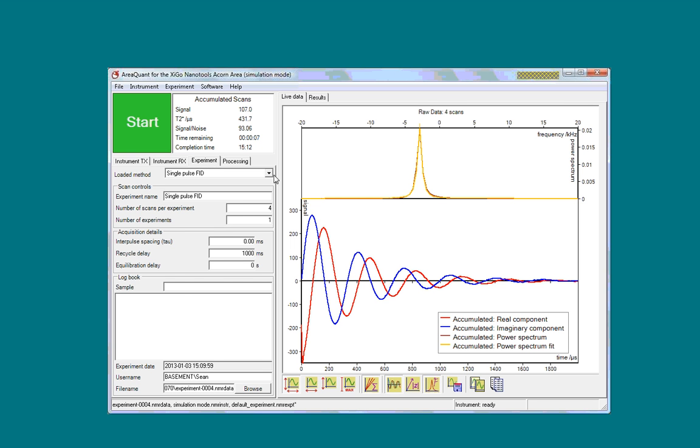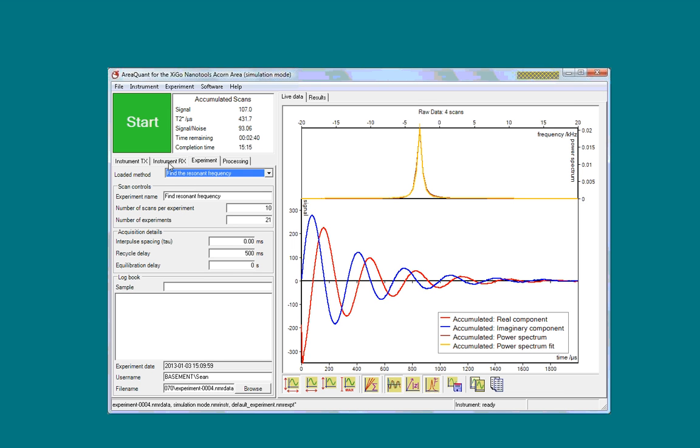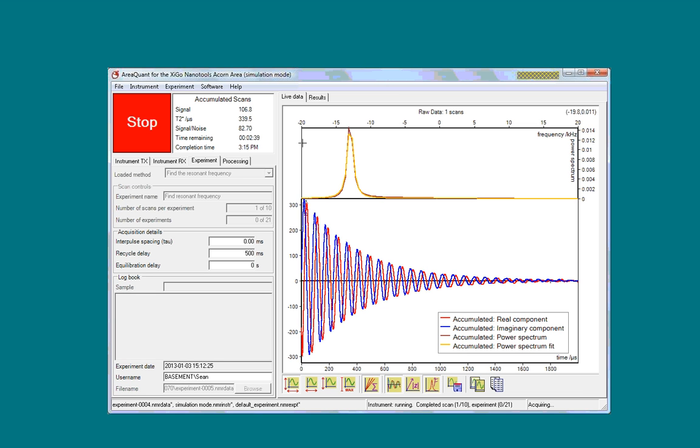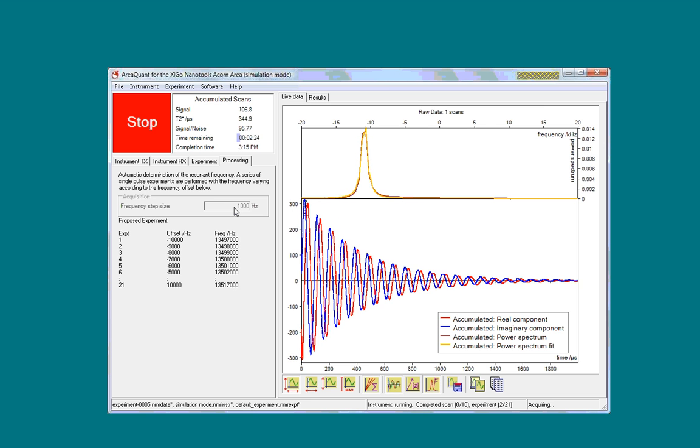Now, if I go in here and I select Find Resonance, and I click Start, you see that the instrument has applied an RF pulse that's offset from the resonant frequency it believes is correct.